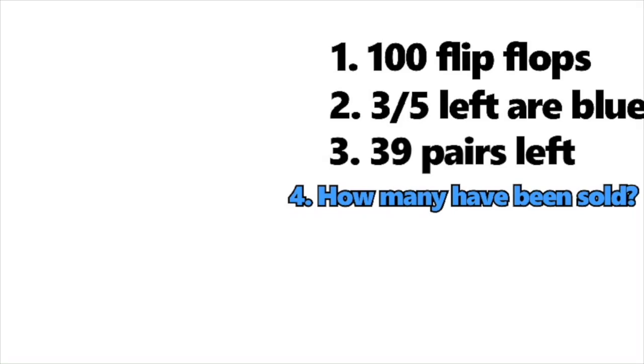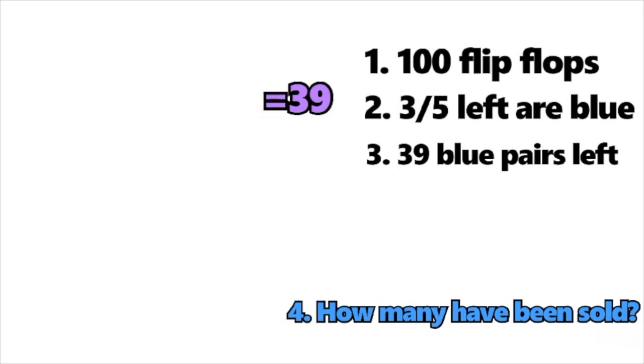So here are the key pieces of information that we know. There are 100 flip-flops to start. 3/5 left are blue flip-flops. And then 39 total pairs are left. We want to know how many total flip-flops have been sold. Again, we're going to start with our equation. I'm going to set it equal to 39 because that's how many blue flip-flops they have left. I'm looking for the variable x.